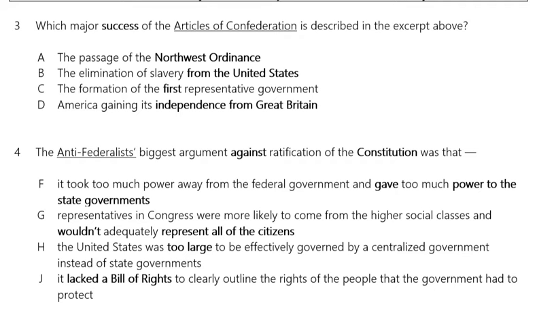H. The United States was too large to be effectively governed by a central government instead of state governments. J. It lacked a Bill of Rights to clearly outline the rights of people that the government had to protect. Give yourself time and pause the video to answer question number 4.